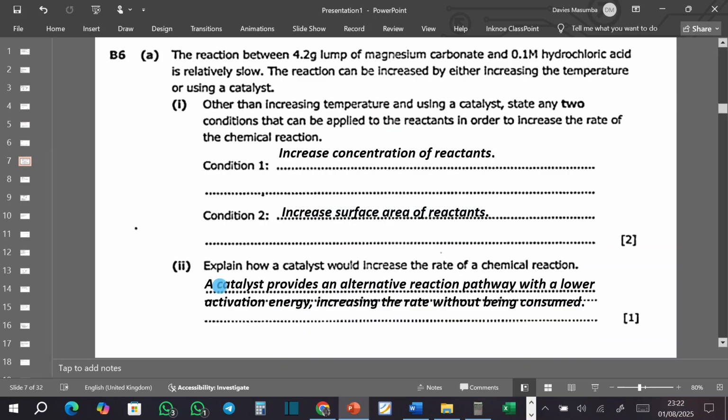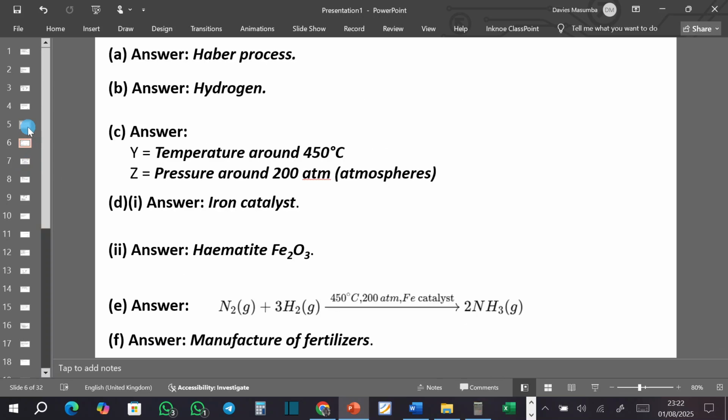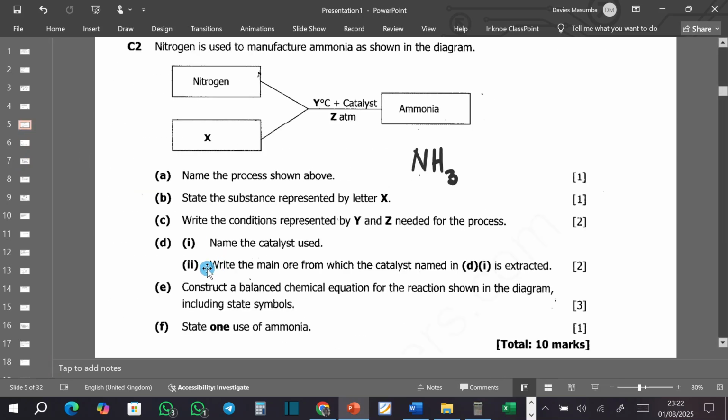Then we come back the same. Oh, sorry, we are actually here. Roman numeral 2, write the main ore from which the catalyst named in D1 is extracted. The catalyst is iron, right? So they've now mixed production of ammonia with extraction of metals.